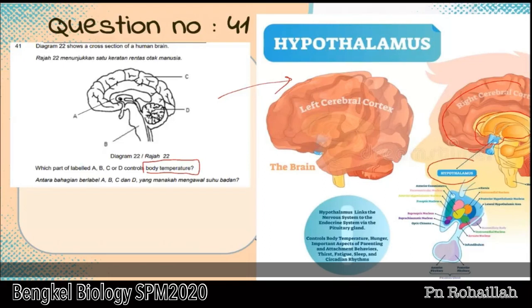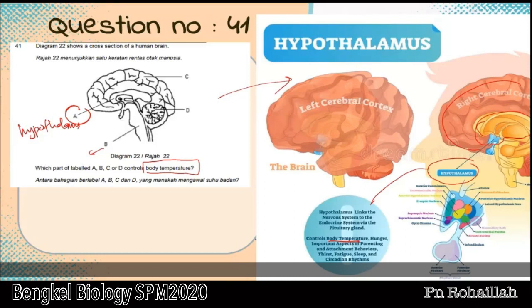So, hypothalamus control the body temperature. So, the answer is A. A is hypothalamus. Okay, tulis sikit. Hypothalamus for A. B is apa? Medulla oblongata. Okay, and then C is cerebrum. Okay, next.